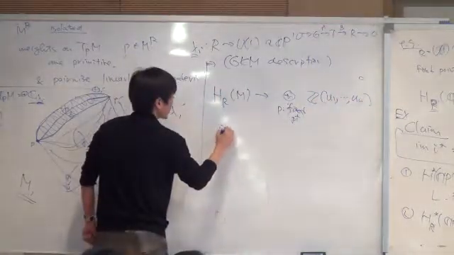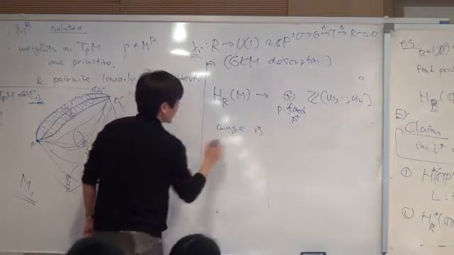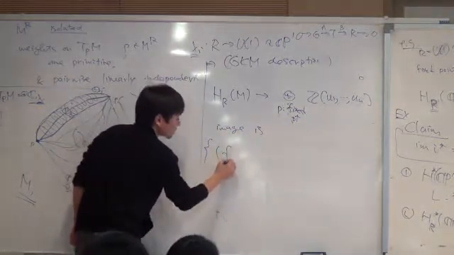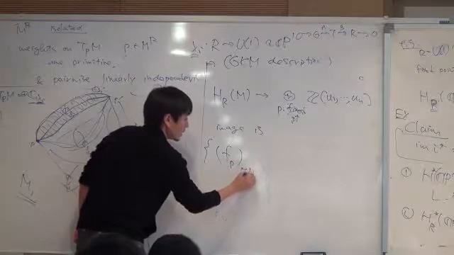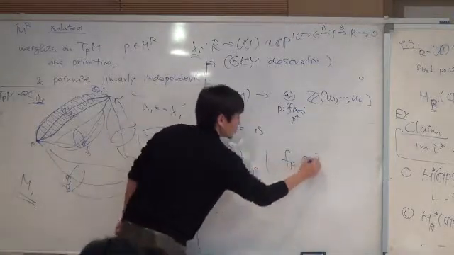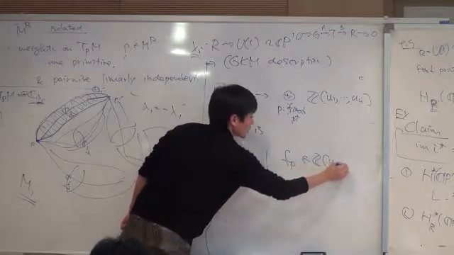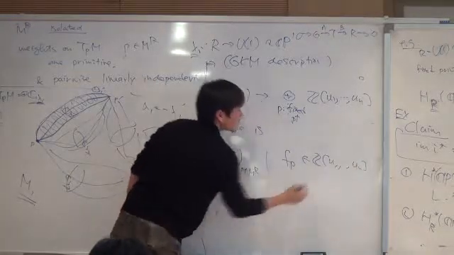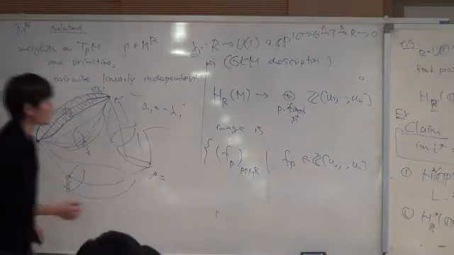The image is, for each fixed point P, you have a polynomial. And what are the conditions?